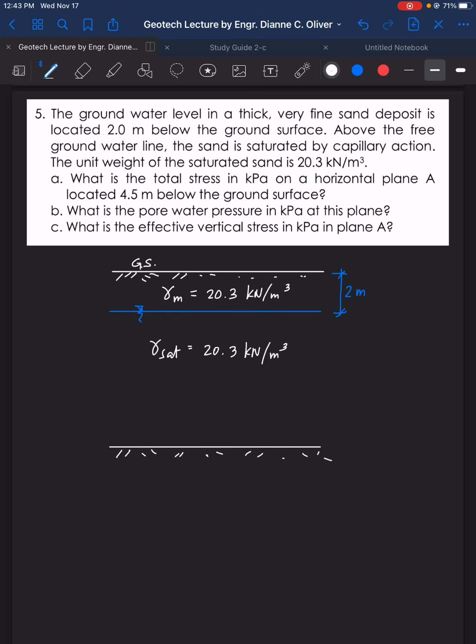What is the total stress in kilopascal on a horizontal plane A located 4.5 meters below the ground surface? So it's looking for this one here, 4.5 meters.